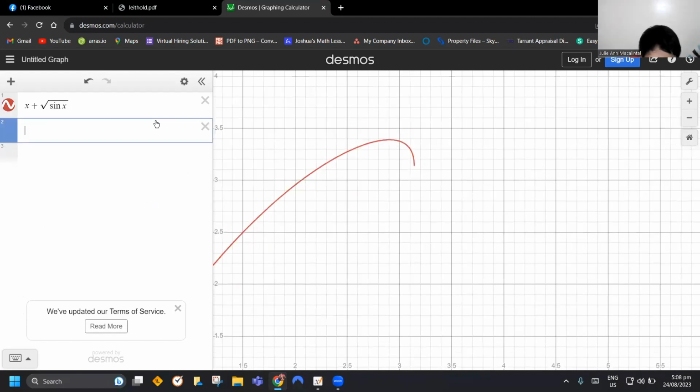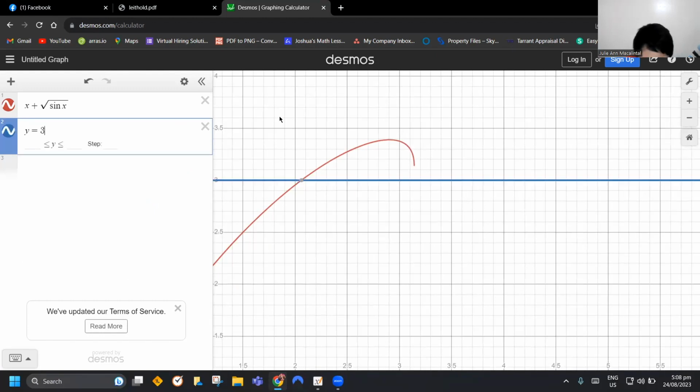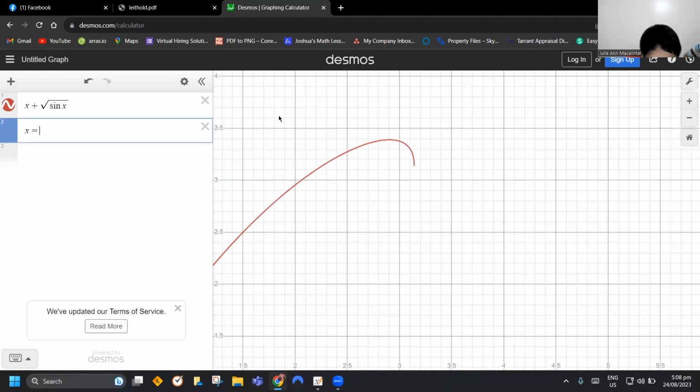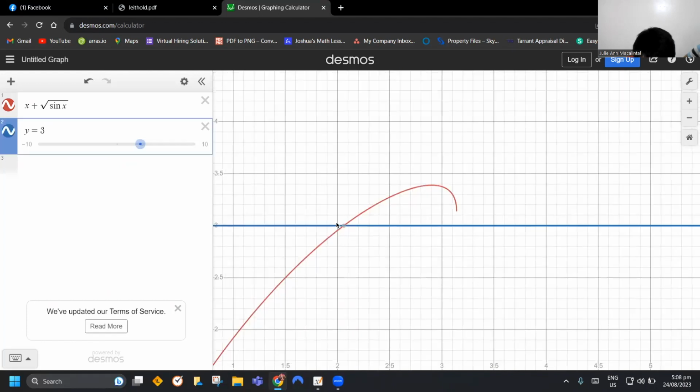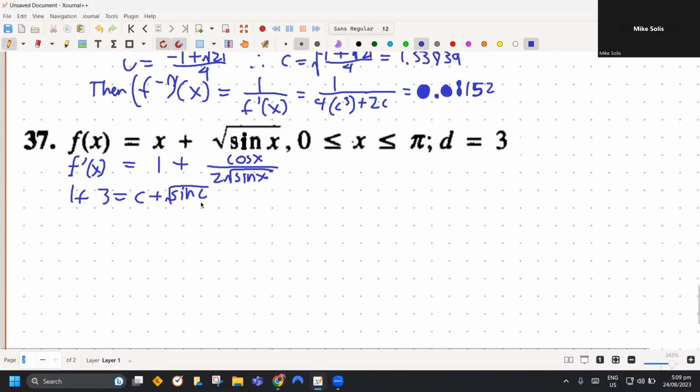X equals 3. D is 3, di ba? So, yun yung y. Ngayon, saan nag-intersect? So, yung solve function daw po, wait lang.